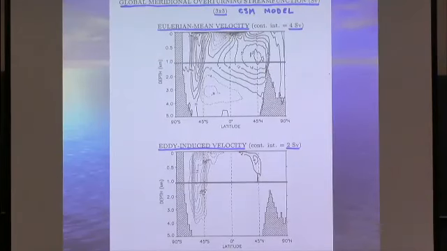So what this is saying is that in the northern oceans, and this in fact happens nearly all in the North Atlantic, water is going north here. It goes down to about 3 kilometers, and then it starts coming back south. So this is called the North Atlantic meridional overturning circulation.